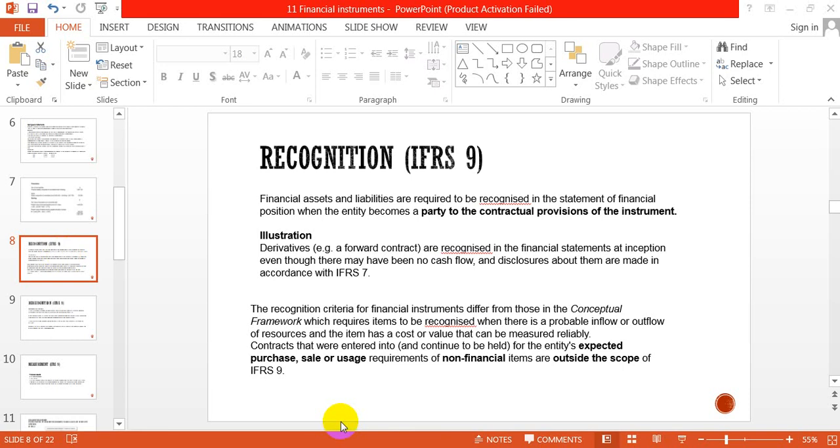So we're looking at recognition. Financial assets and liabilities are recognized when the entity becomes a party to the contractual provisions, which departs from the conceptual framework of recognizing when there is a probable inflow or outflow of resources which can be measured reliably. Clear?